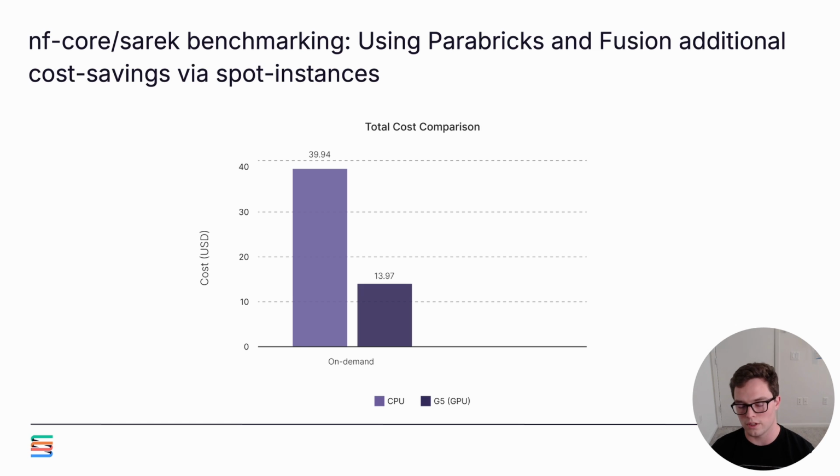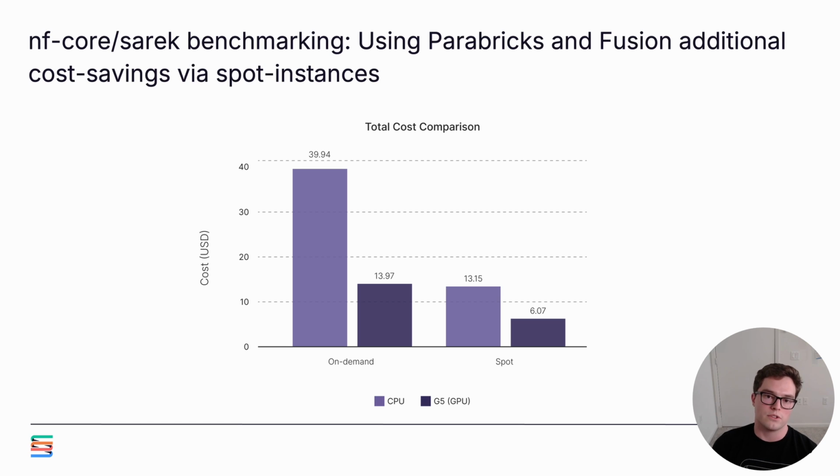Spot gives us some fault tolerance whenever jobs are interrupted, and with Fusion snapshots, we can restart the job part of the way through. By leveraging spot pricing with CPU, it drops to about $13, which is actually pretty competitive with the on-demand GPU pricing, and kind of negates the gains from the GPU usage.